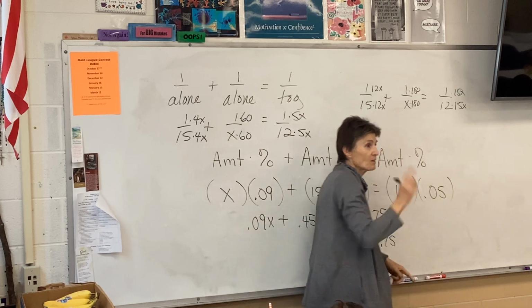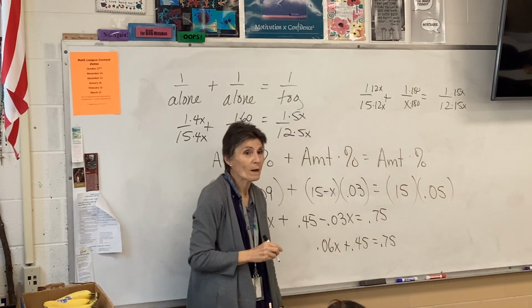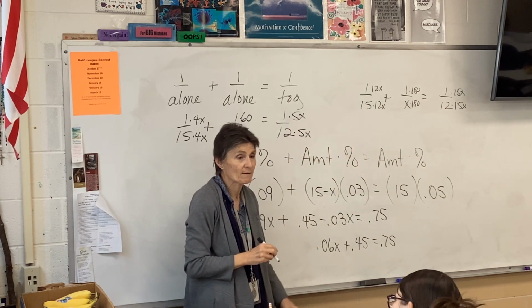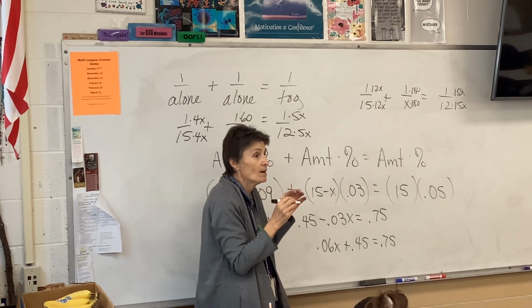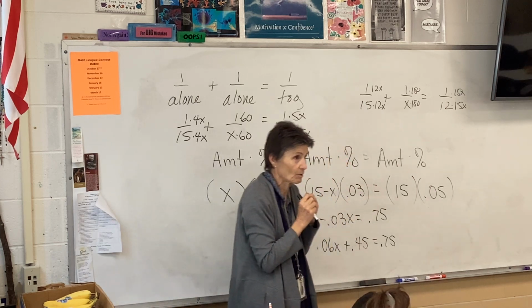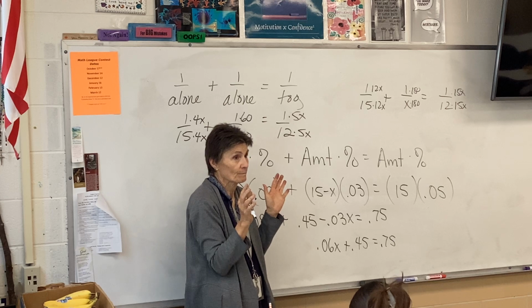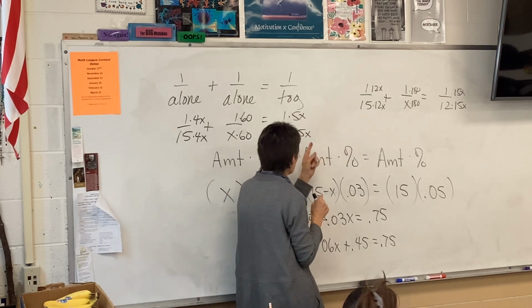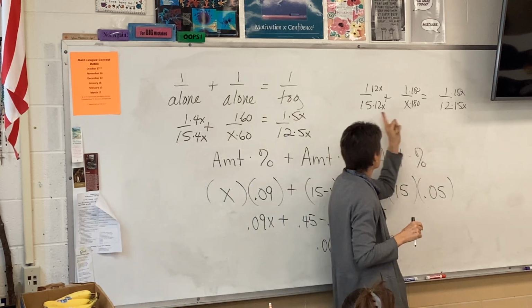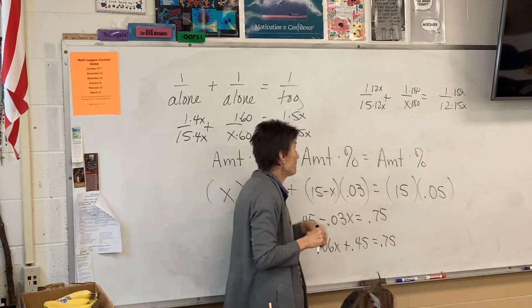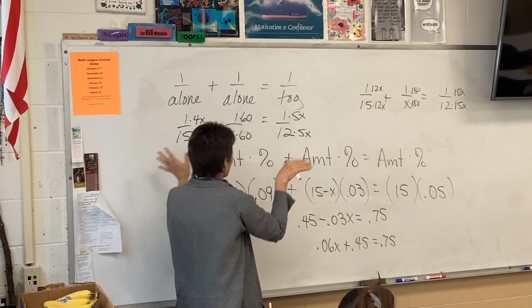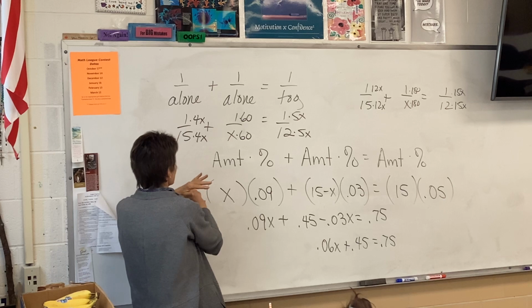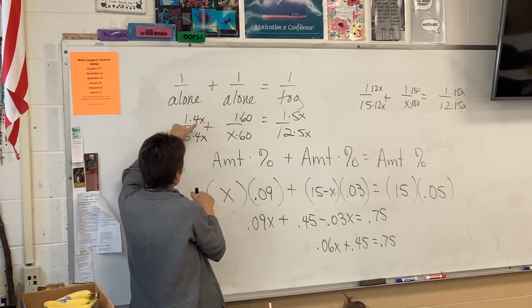There is nothing wrong with that. So don't waste a bunch of time and stress trying to figure out what's the best denominator. There is no best denominator. Just get one. And you can always get it by simply multiplying these numbers together. Okay? So once you get that done, whatever denominator you're using, then you can just set the numerators equal.